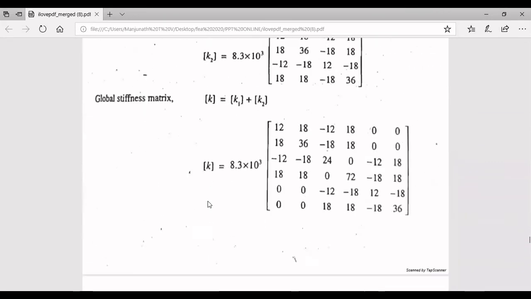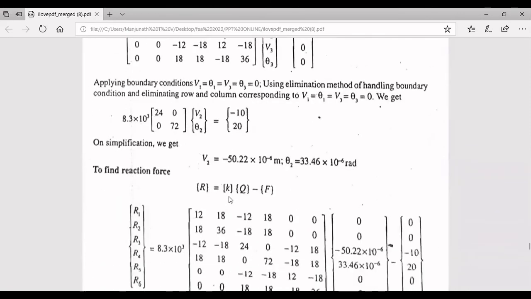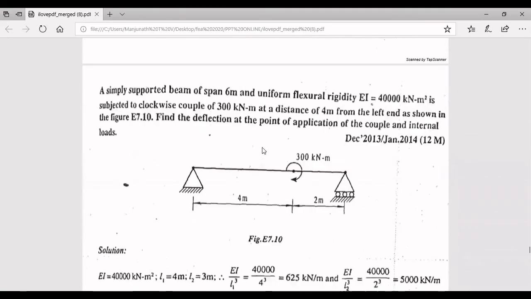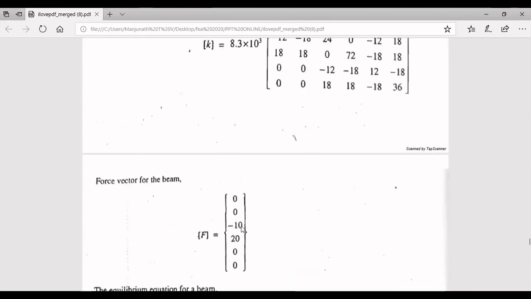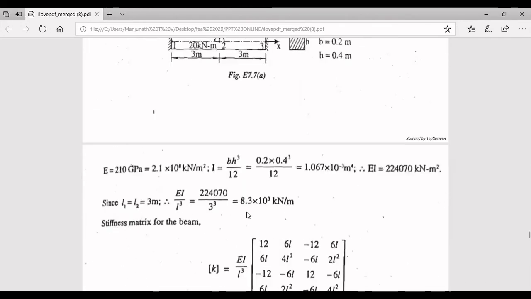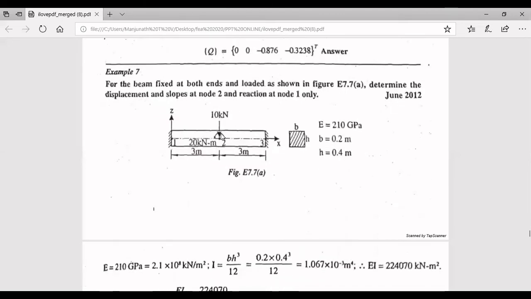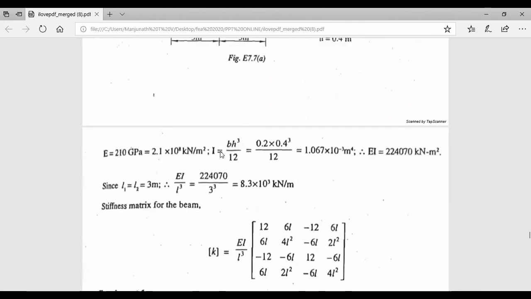So here we are going to take it as 0, 0. At node number 2 we have minus 10 and 20. What is this minus 10 and 20? At node number 2, vertical downward is minus 10 kilonewton, and there is a counterclockwise couple acting. In beams, if it is a clockwise couple, we consider it negative, and if it is a counterclockwise couple, we consider it positive, so this becomes plus 20.